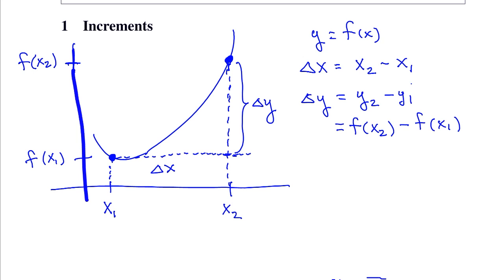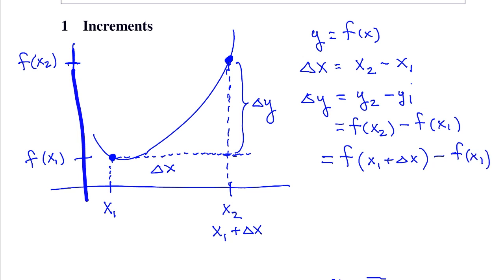There's one more way to symbolize this, and that is to consider x2 to be x1 plus delta x. So if x2 is x1 plus delta x, then I can replace the x2 in this formulation with f of x1 plus delta x, minus f of x1.